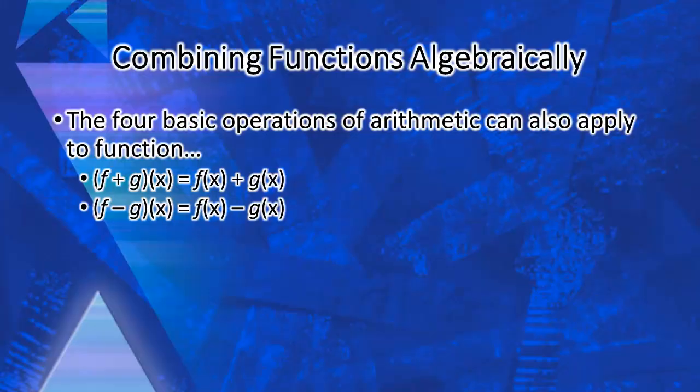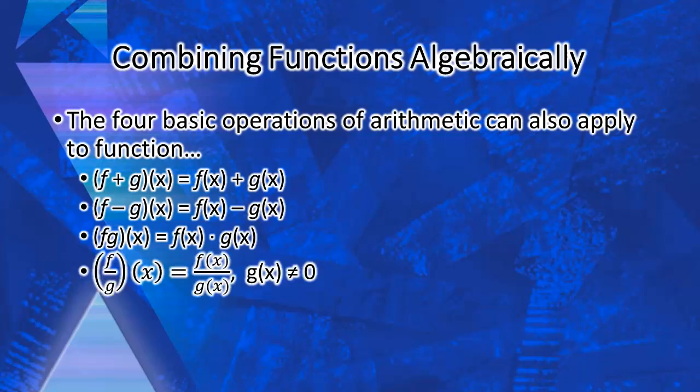If we have (f minus g)(x), that is f(x) minus g(x). Multiplication, we might have (fg)(x), in which case that indicates that we are taking the function f(x) and multiplying by the function g(x). (f divided by g)(x) is the f(x) function divided by the g(x) function.